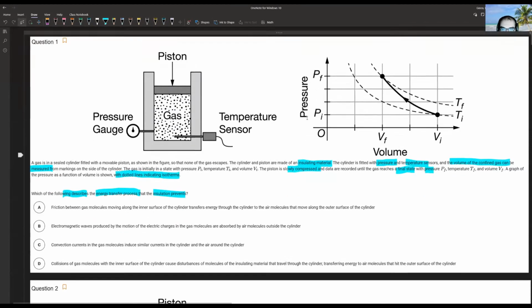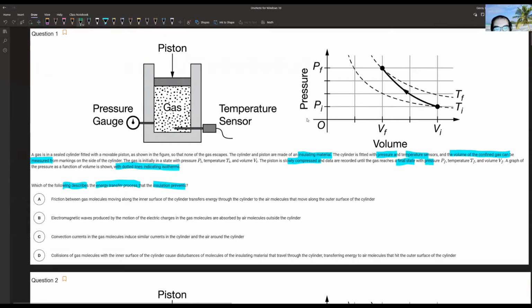And so if we look at this, because it's insulation, we don't want any heat entering or leaving the system. So we're going to want to try to find out which of these statements is saying that. So friction between the gas molecules moving along the inner surface of the cylinder transfers energy through the cylinder to the air molecules that move along the outer surface of the cylinder.